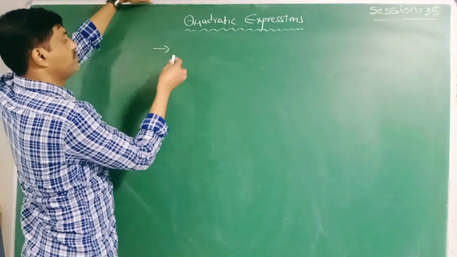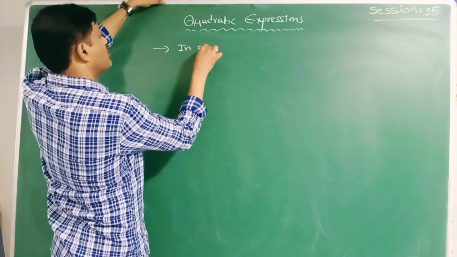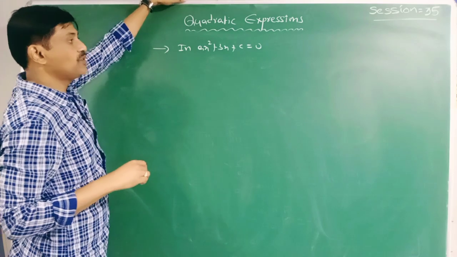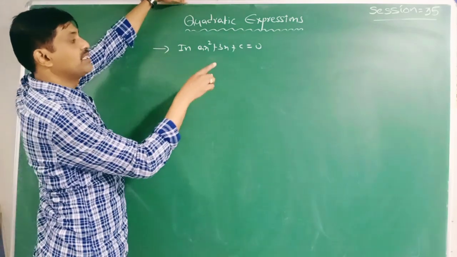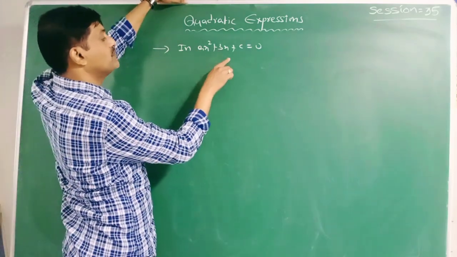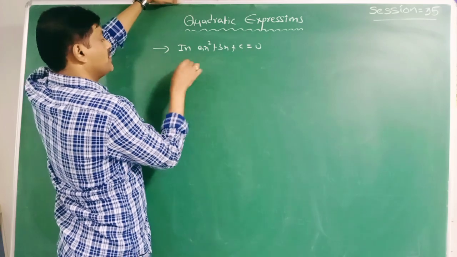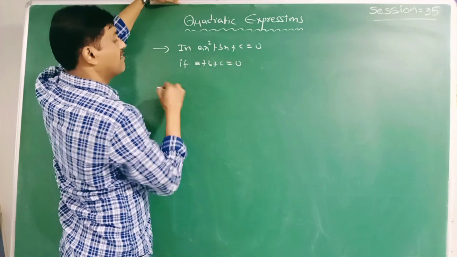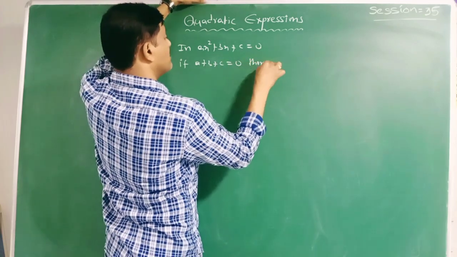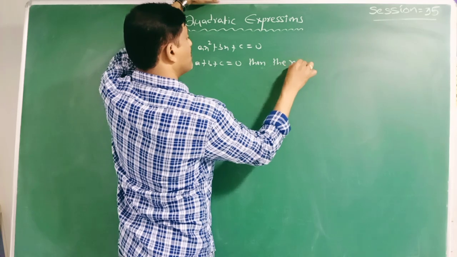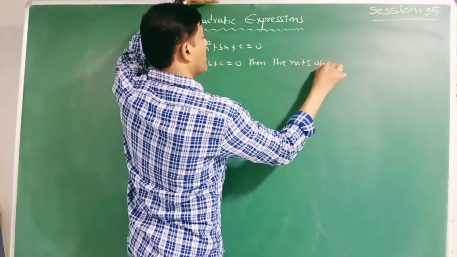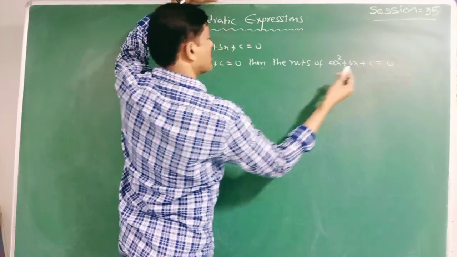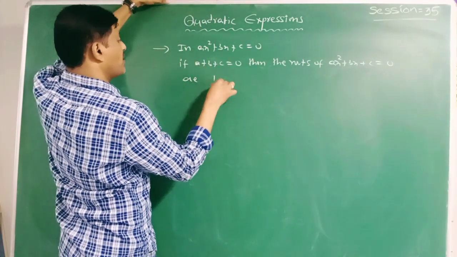Okay, next one. In ax² + bx + c = 0, the sum of the coefficients is 0, that is, if a + b + c = 0, then the roots of ax² + bx + c = 0 are 1 and c/a.